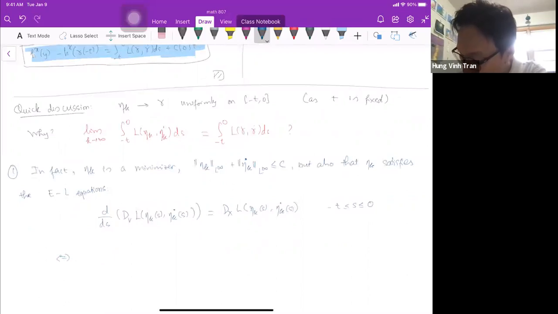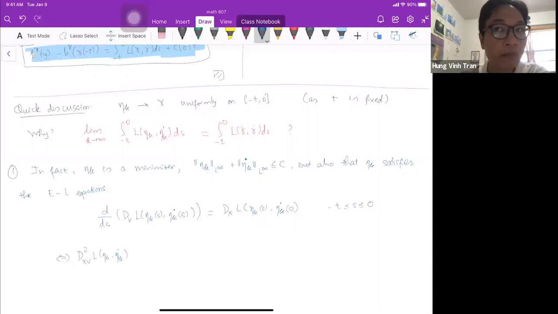So if I do the differentiations, I differentiate in the first slot, I should have d_x d_v L at eta k, eta k dot. This is a matrix of size n by n, and then I'm multiplying with a column vector. I'm thinking of eta k dot as a column vector.